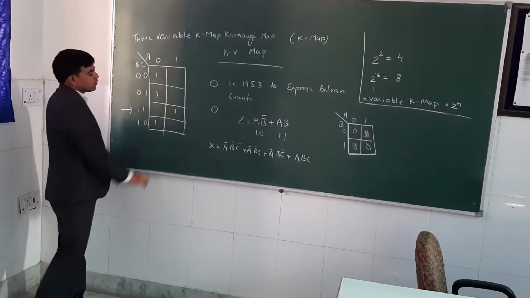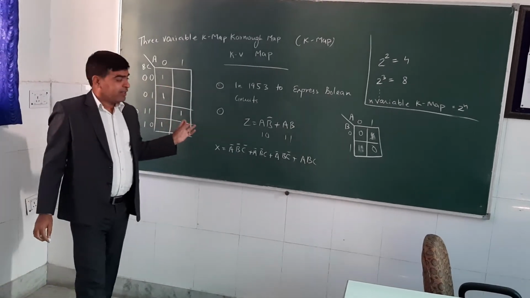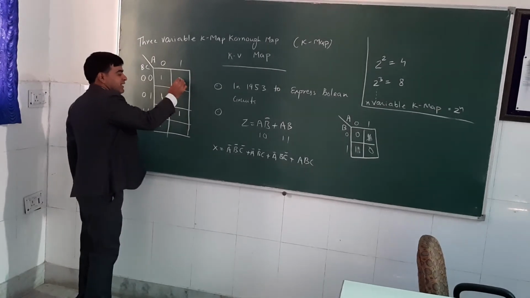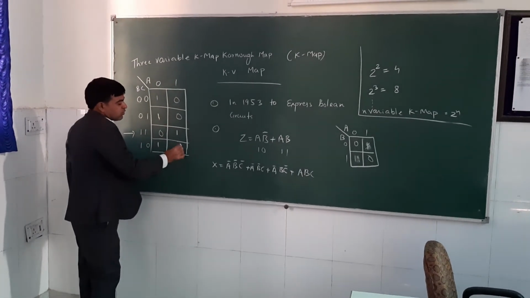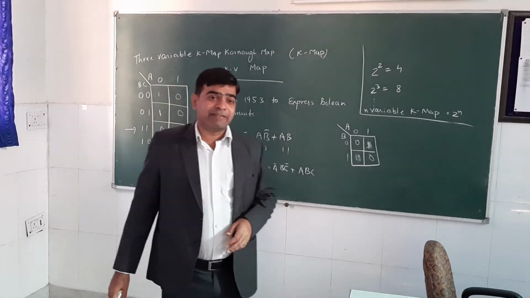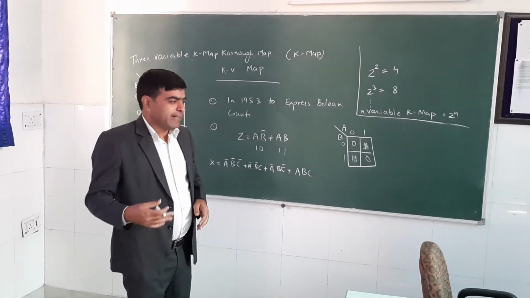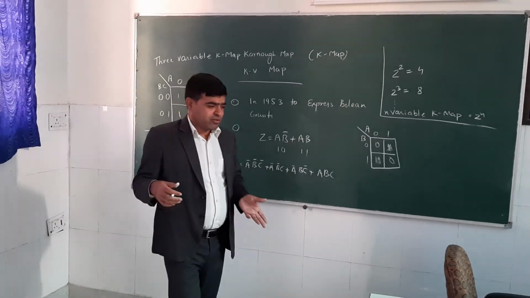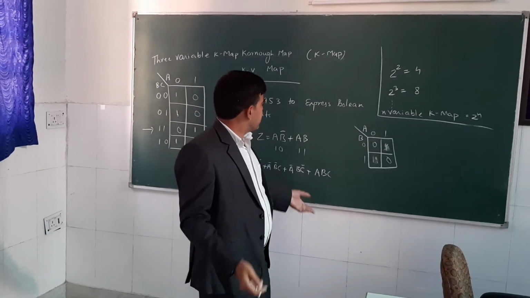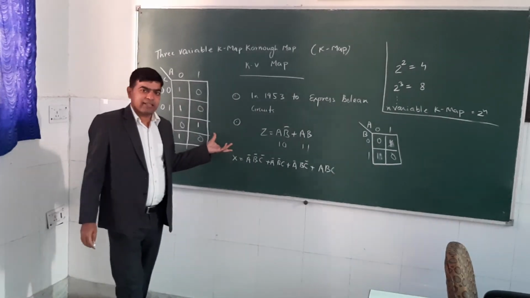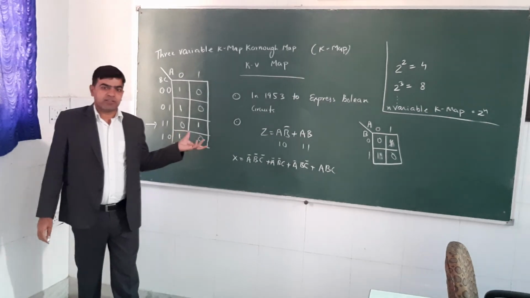These are the possibilities of the terms that can exist in the K-map, and the rest of the values can be filled with zeros. So this is some basic idea about the two variable and three variable K-map. I can explain in detail, with more variables and more examples, if you want. So this is the general introduction of the K-map. Thank you for watching.